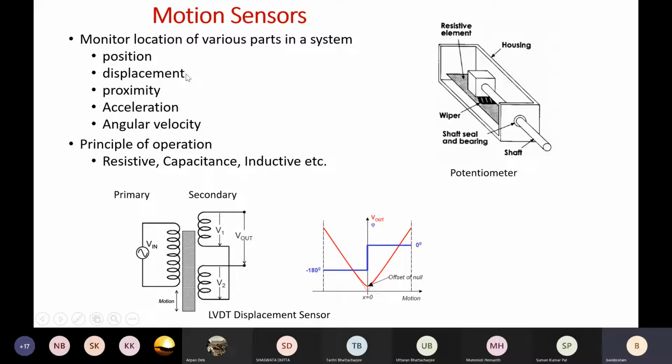Okay. Now, principle of operation. What we said is that for a sensor we always prefer the output to be electrical. Input can be any physical quantity, but output should be electrical. And what we iterated multiple times is that electrical quantity means either resistive or capacitive or inductive. Right? So these are the three most fundamental electrical elements.